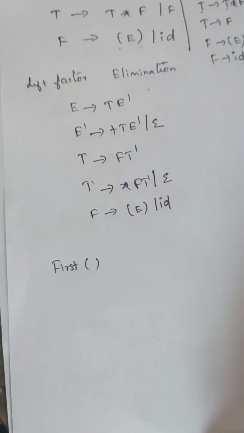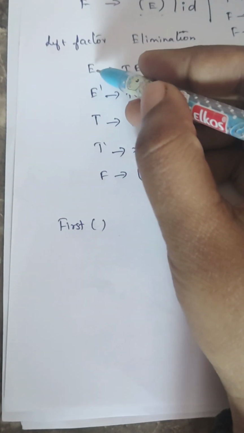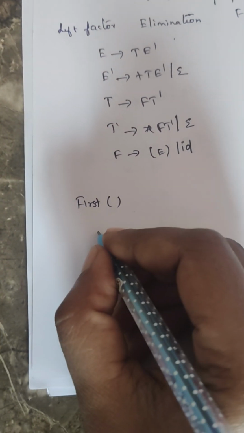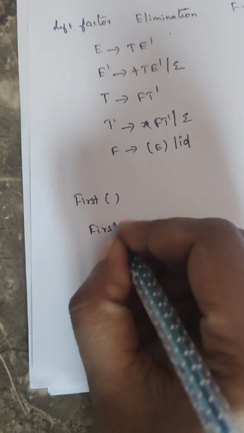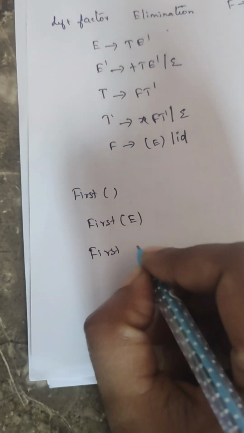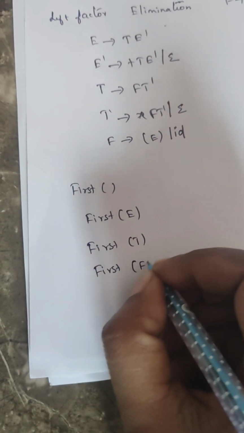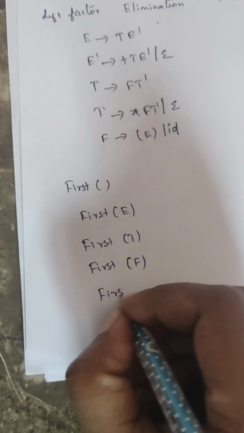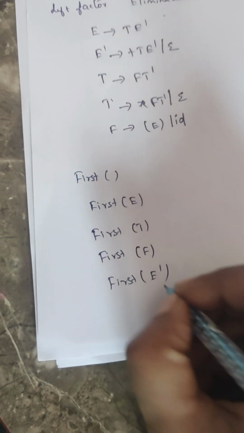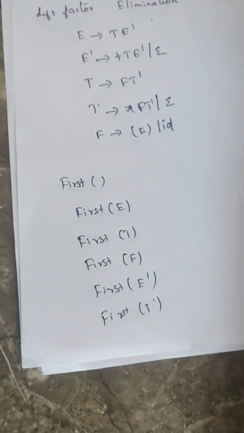Now we need to calculate the first of all non-terminals. These are our non-terminals: first of E, first of T, first of F, first of E dash, and first of T dash.